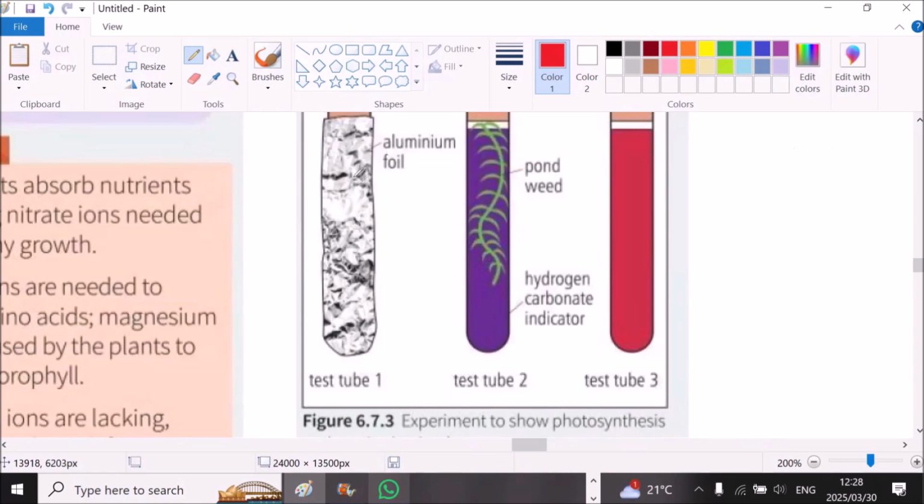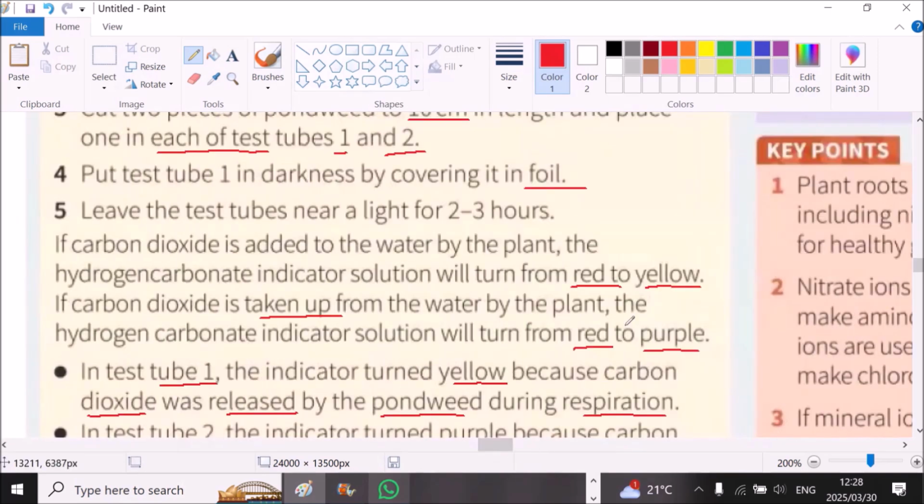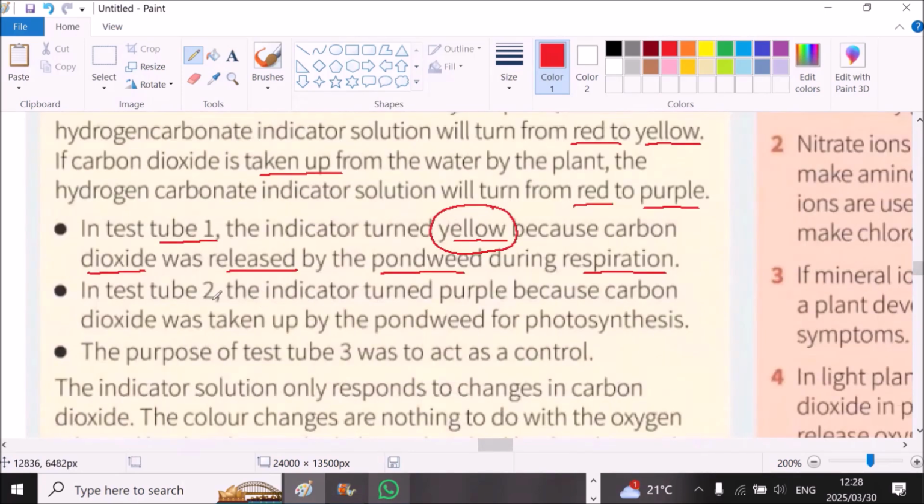So the only process that is happening here is respiration, which releases carbon dioxide. So if carbon dioxide is added to the water, red to yellow, so it will turn yellow. In test tube 2, the indicator turned purple because carbon dioxide was taken up by the pondweed for photosynthesis.